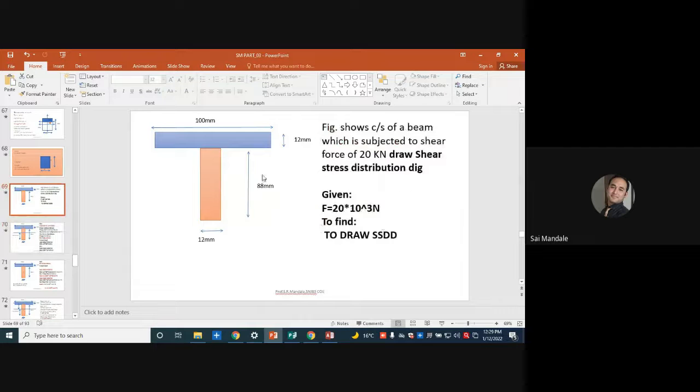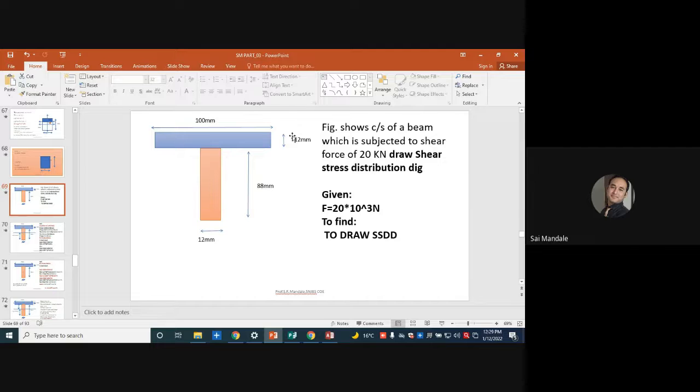Can anybody tell me what is the X bar for this? 100 by 2. X bar, very good, Rishikesh. What about Y bar? How to calculate Y bar? A1 Y1 plus A2 Y2, very good. Divided by A1 plus A2. What is A1? 12 into 88. Very good.